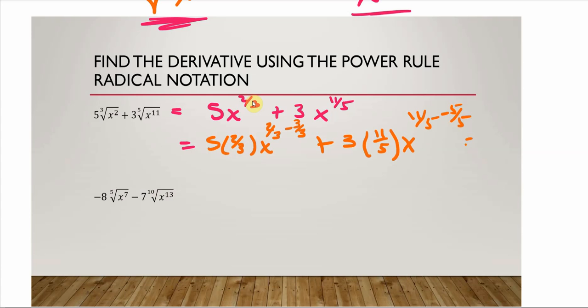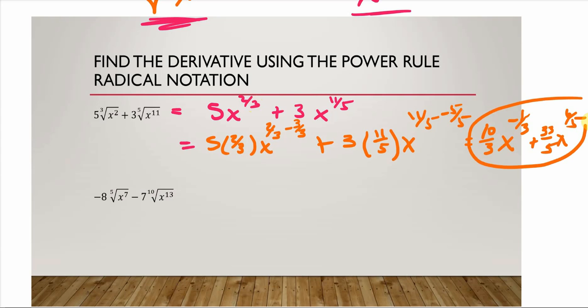And that is going to give me 10/3 x to the negative 1/3, and then plus 33/5 x to the 11/5 minus 5/5 is going to give me 6/5. And this here is my derivative.